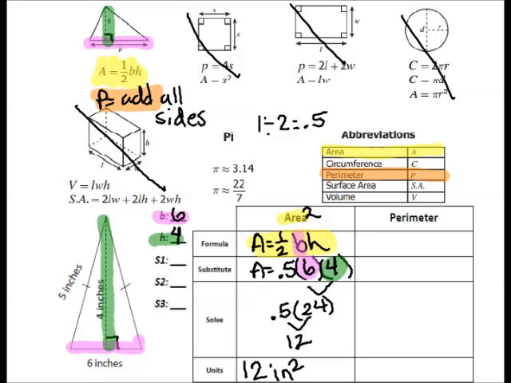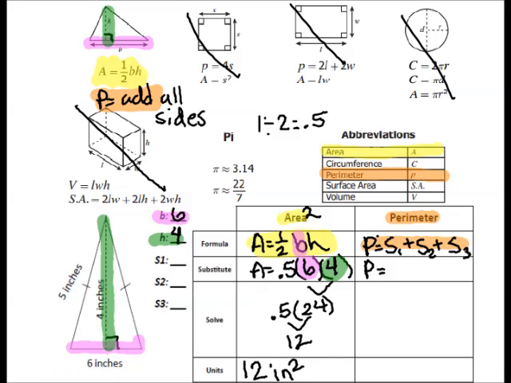For the perimeter of this triangle, I need to use the formula that means that you add up all of the sides. So perimeter of a triangle means that you add up all 3 of its sides. So side 1 plus side 2 plus side 3 will give you the perimeter of a triangle. And you need to remember that formula.